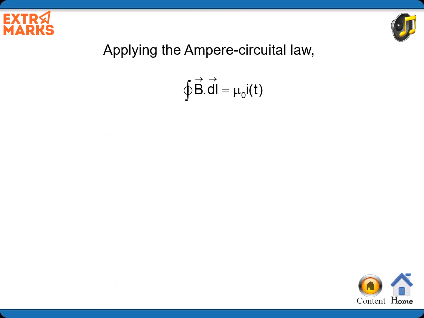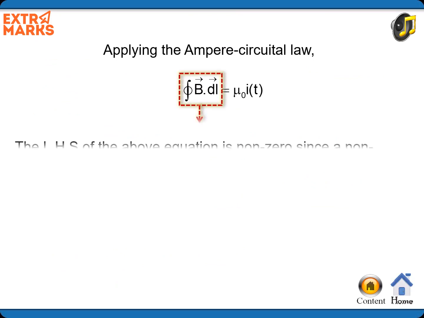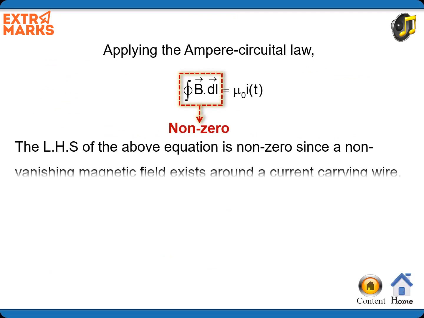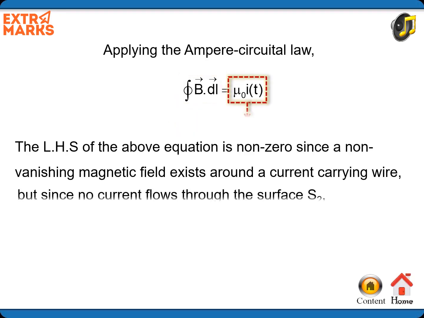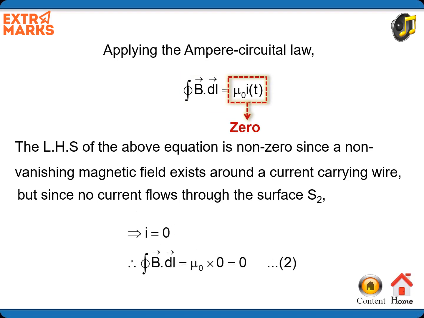In this case, the left-hand side of the Ampere circuital equation is non-zero since a non-vanishing magnetic field exists around a current-carrying wire, but the right-hand side of this equation is 0 since no current flows through the surface S2.